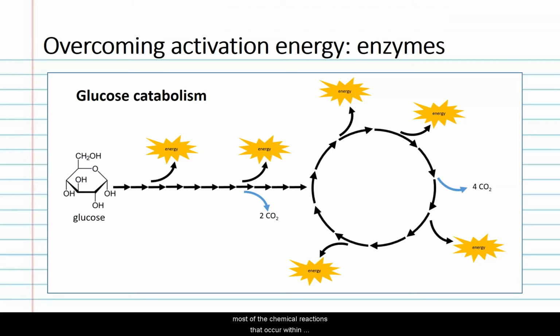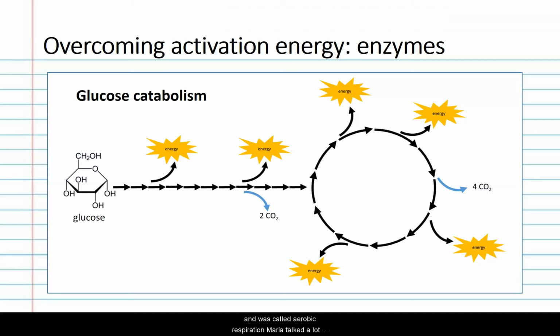Most of the chemical reactions that occur within cells have such a high activation energy that they would not occur at a rate that could sustain life. So enzymes allow for these reactions to occur. A great example of this, if we go back to the oxidation of glucose to carbon dioxide, that same process that happens when we burn wood, happens within each one of our cells in what's called aerobic respiration.